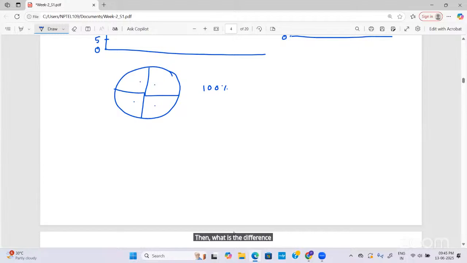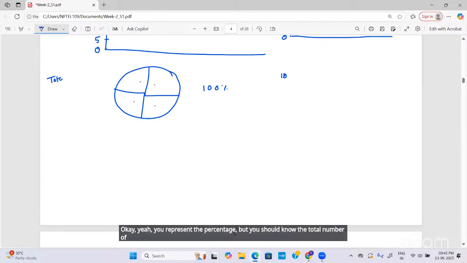How does the audience tell? You will represent the counts also, no? For the first data set it is 10. Then we are only giving the percentage in the pie charts, right, ma'am? Yes, you represent the percentage, but you should always know the total number of observations.